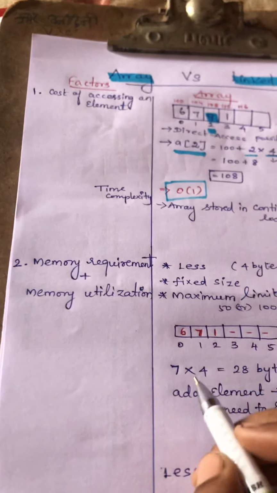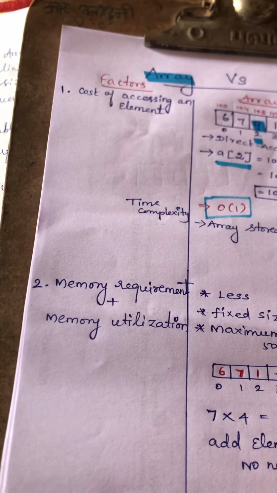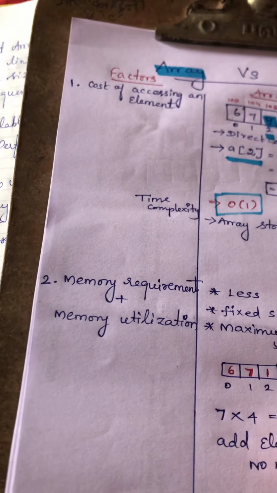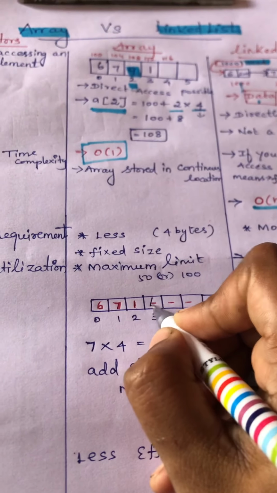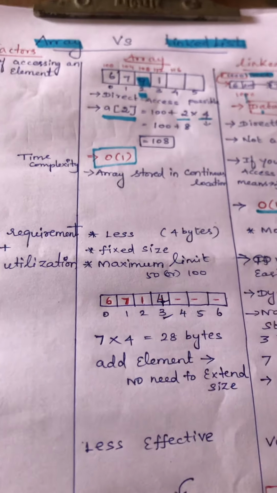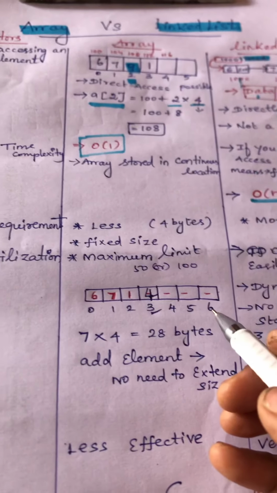For example, if I want to add one more element, I can easily add it. I already allocated 7 memory spaces for 7 elements and used only 3 elements, so I can easily add it here. Add value 4 at position 3. Then, for example, how many bytes are occupied here?